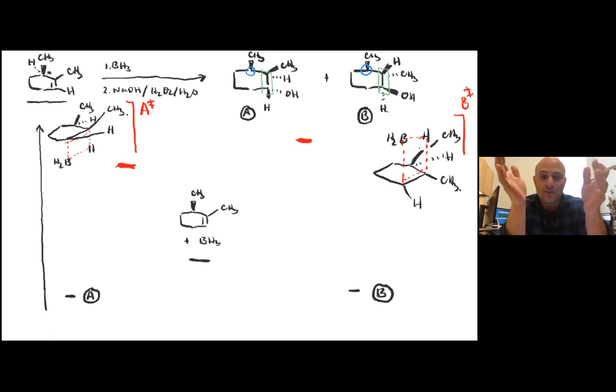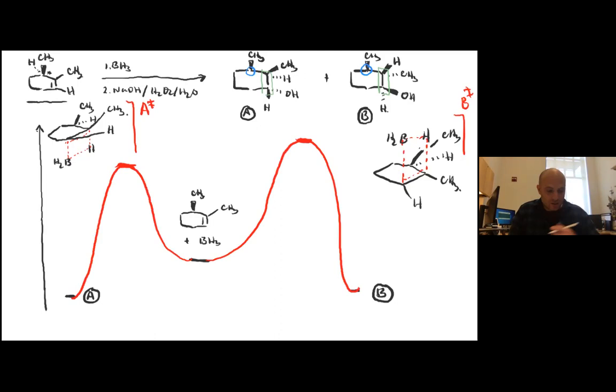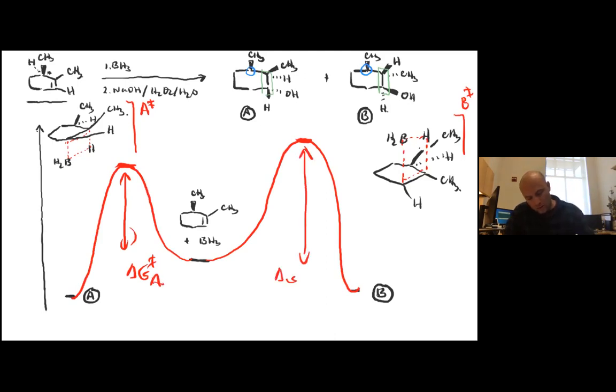And so they're going to have different energies. And that means that the top of the reaction pathway to get to them is going to be at different heights. And so the activation energy then is going to be different.